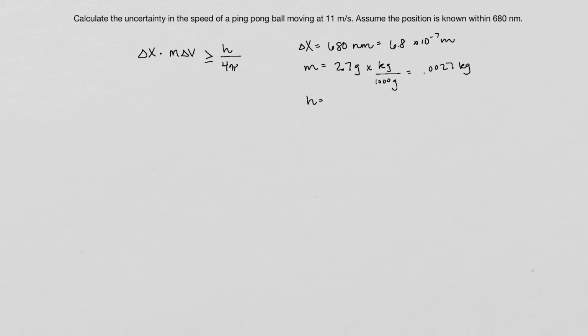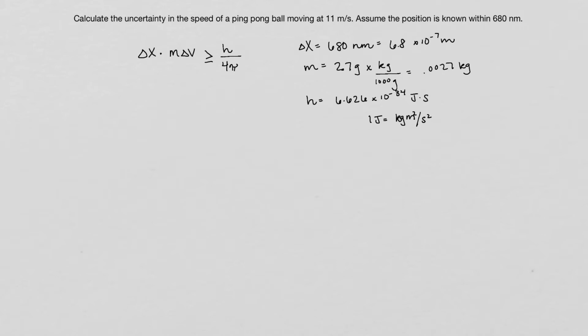Planck's constant is 6.626 times 10 to the minus 34th joule seconds. And 1 joule is a kilogram meter squared per second squared.